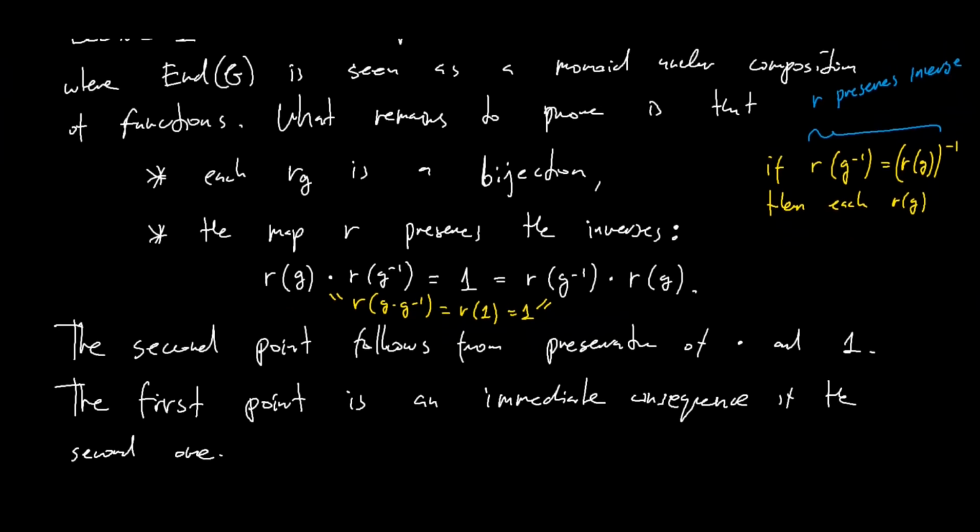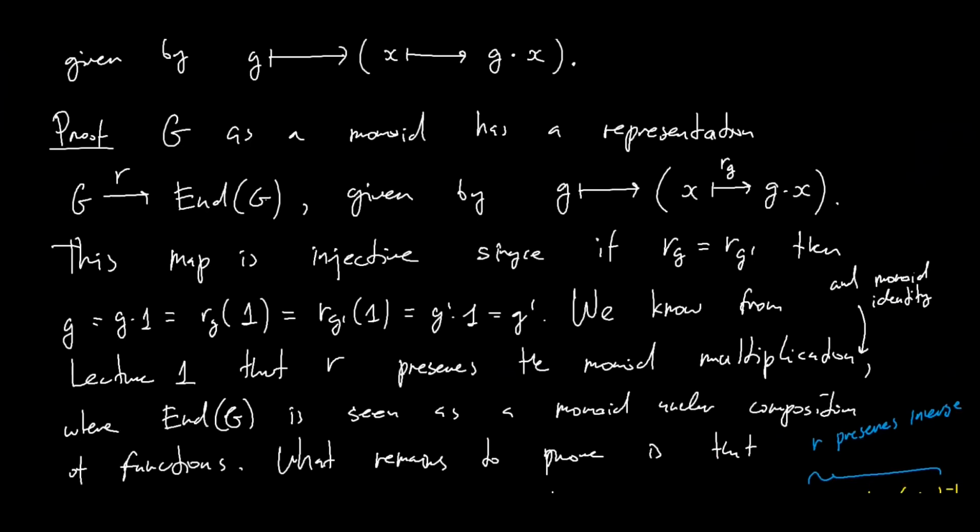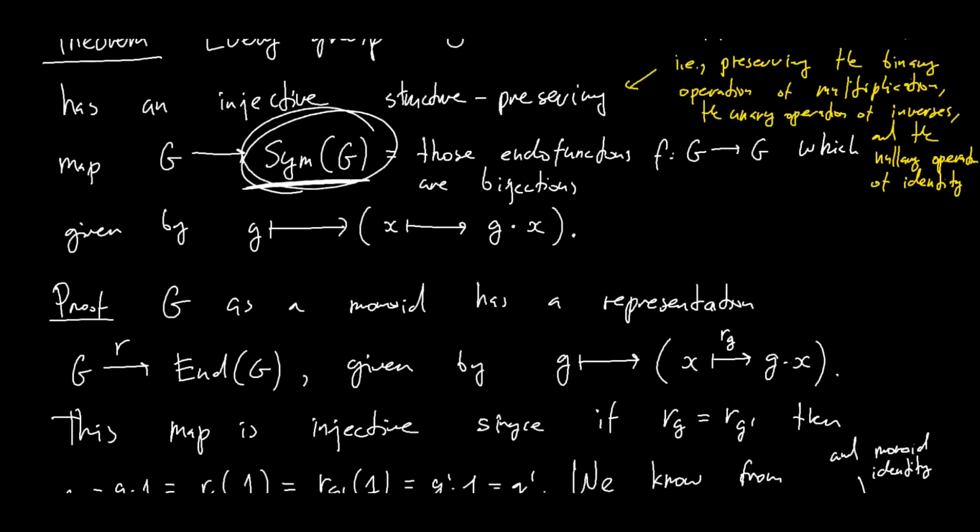Okay, so once we find out that each R_g is actually a bijection, this means that our function R, in fact, maps everything from G to a subset of End(G), the subset of all bijections, right? So exactly it maps to Sym(G). And it's defined exactly the same way as it was requested to be defined, so that's fine.